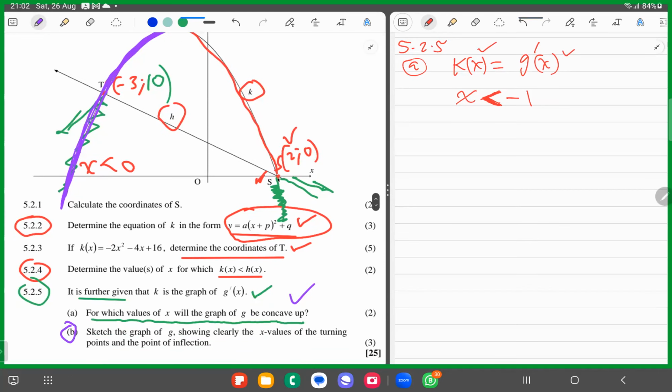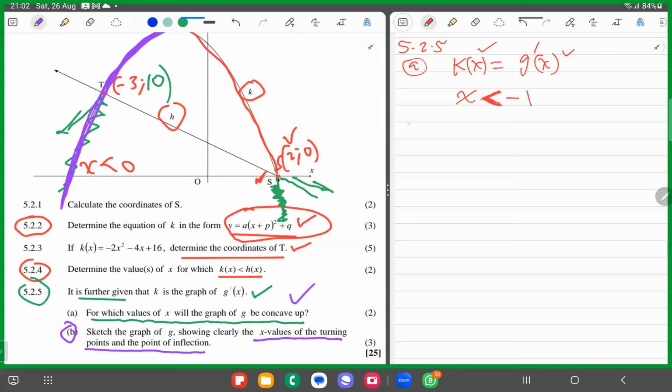If you look at part B, sketch the graph of G showing clearly the x values of the turning points and the point of inflection. Okay, let's sketch the graph.